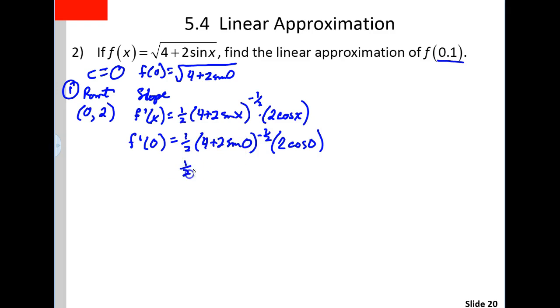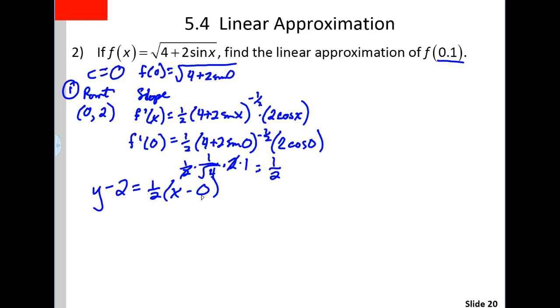So I have 1/2 times 4 to the negative 1/2, which means 1 over the square root of 4, times 2 cosine of 0. What's the cosine of 0? That's 1. So I actually have 1/2 and 2 reduced. So the square root of 4 is 2. So my slope of the tangent is 1/2. So equation of the tangent line: y minus 2 equals 1/2 times x minus 0.